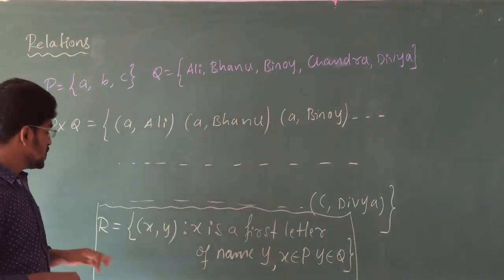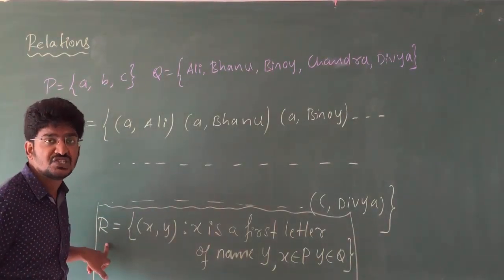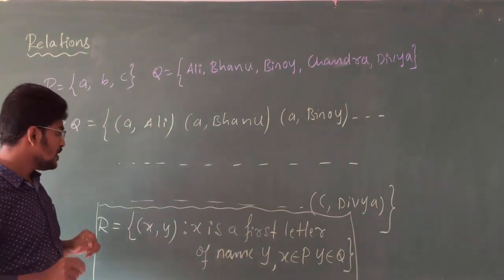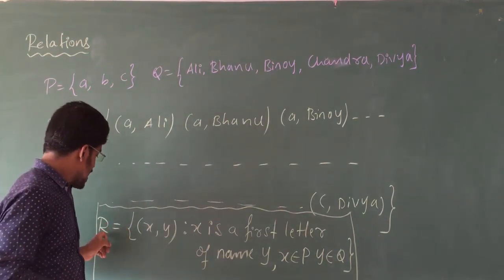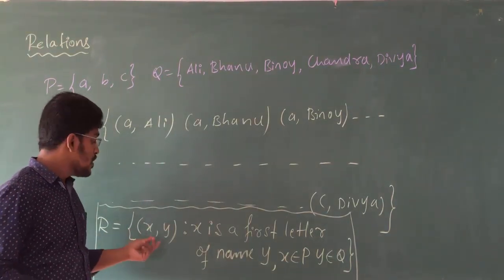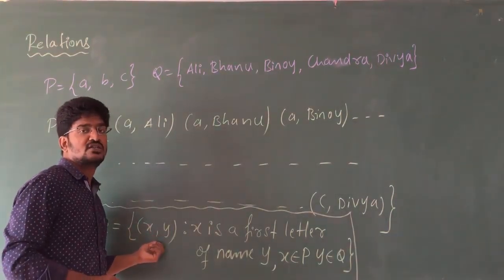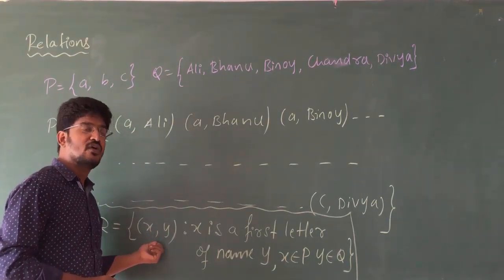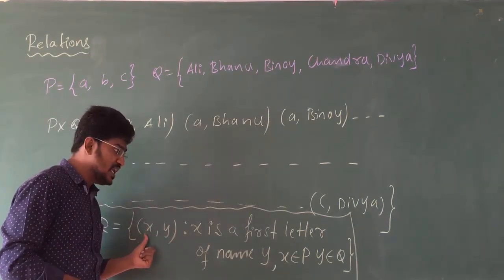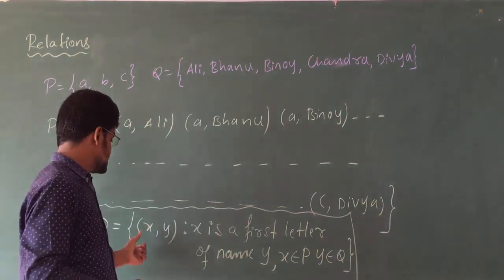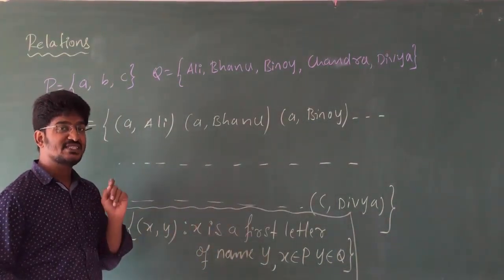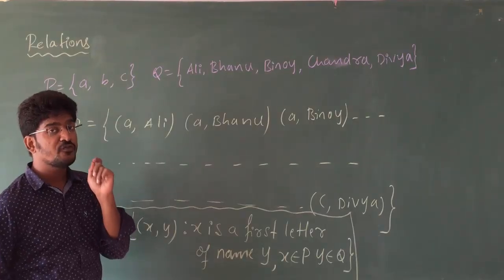Please make sure that each and every element of R is in a subset of P cross Q. Are you clear? So in R, how I have defined the relation, how I have brought a relation between P to Q. See here, I am defining a relation R as R equal to the set of ordered pairs (x, y) such that x is the first letter of name y.